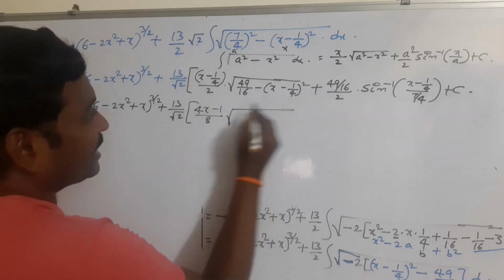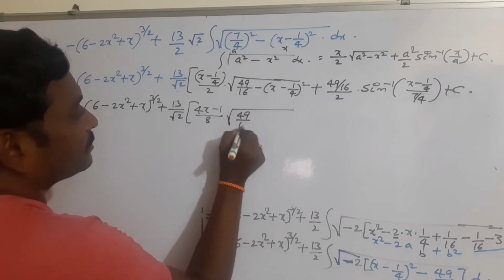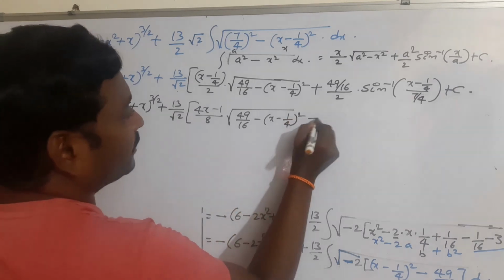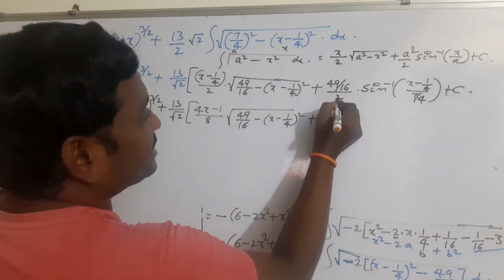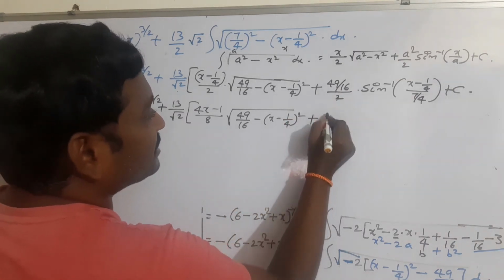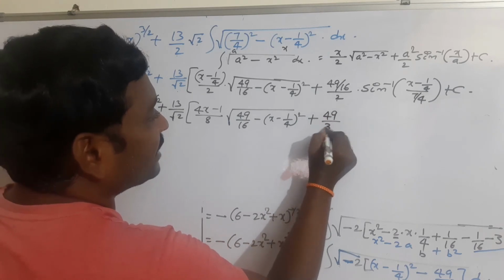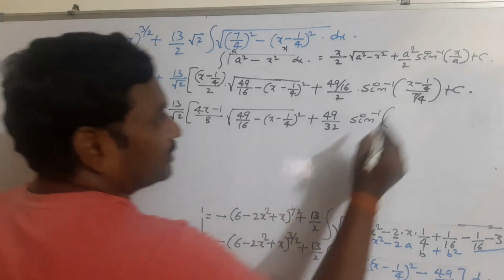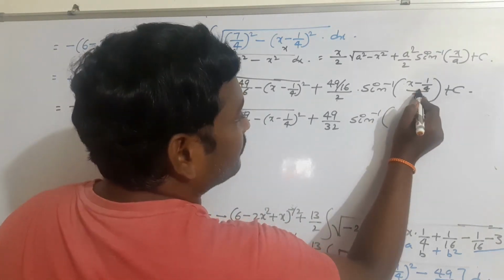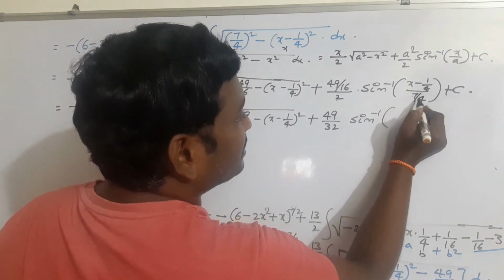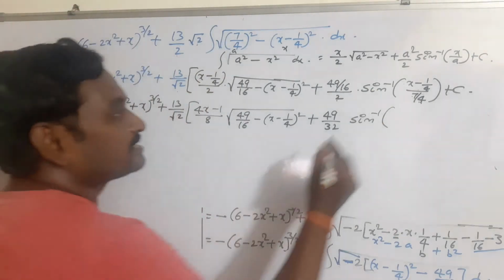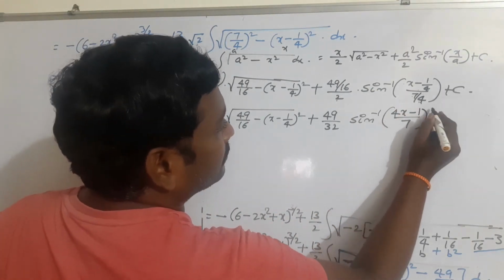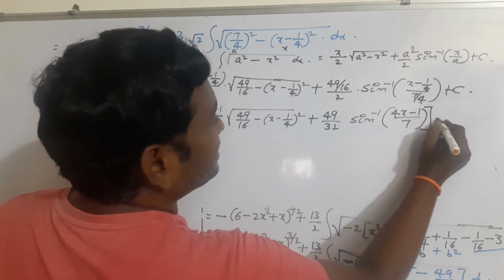So this can be written as 49 by 16 minus (x minus 1 by 4) whole square plus 49 by 16 by 2, 16 2s are 32. So it can be written as 49 by 32 into sine inverse of, take the LCM here, (4x minus 1 by 4) by 7 by 4. This 4 getting cancelled after taking the LCM. So it becomes 4x minus 1 by 7. Okay. So close the brackets and plus C.